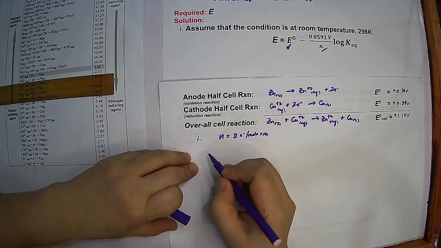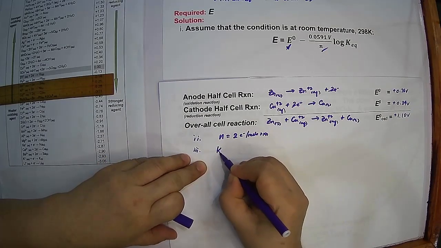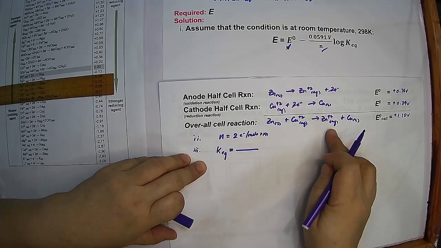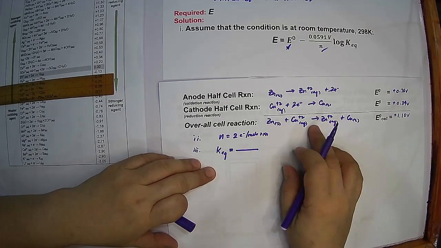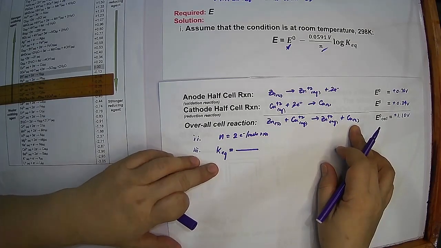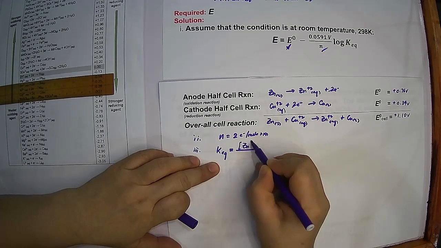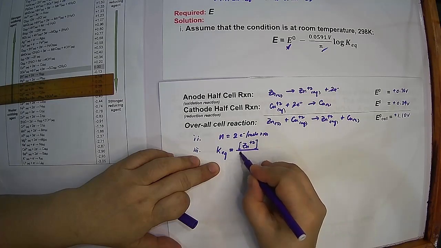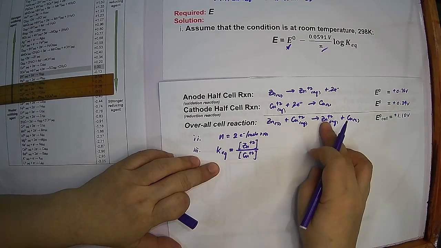For your Keq, from your knowledge on writing chemical equilibrium, product over the reactant raised to the respective stoichiometric coefficient. So the solid is not written in the Keq expression. So only the zinc ion. And on the reactant, we have copper 2+, raised to 1, which is their coefficient.